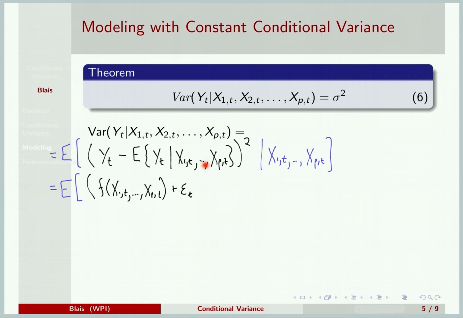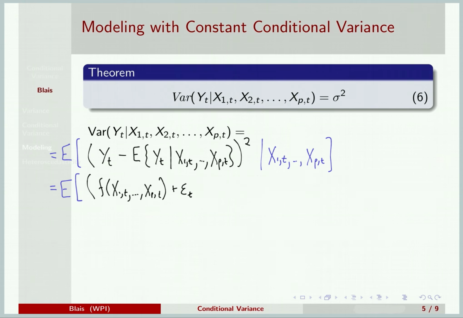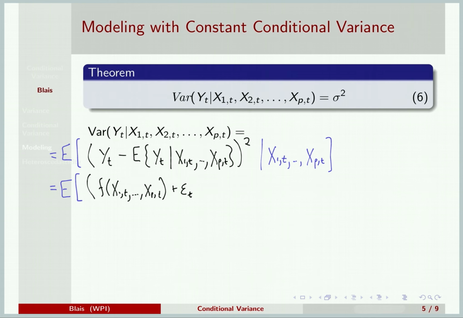But then note that this conditional expectation we just calculated as f of x1t up to xpt, and so we can make that substitution from our previous step. So minus f of x1t up to xpt, all of that squared, and we retain that outer conditional expectation.